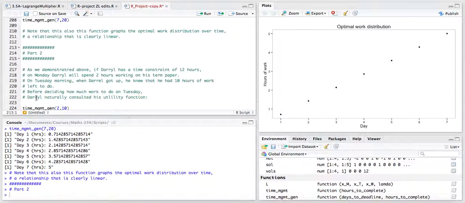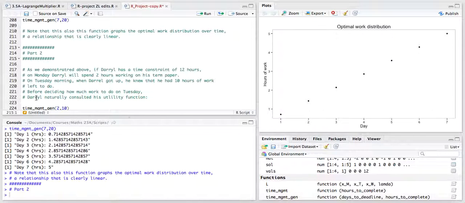Okay, so now in this part we'll have a look at what happens on Tuesday. So as we saw earlier, if Daryl has a time constraint of 12 hours on Monday, Daryl will then spend 2 hours working on his term paper. So it's now Monday morning, and Daryl gets up and he knows that he has 10 hours of work left to do.